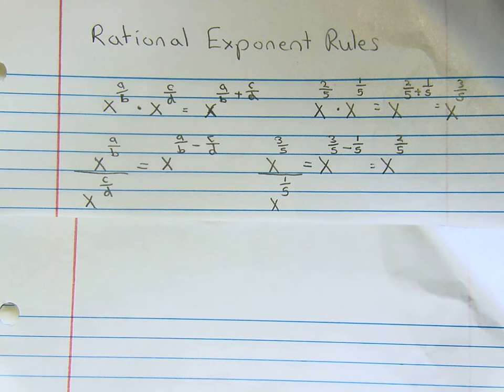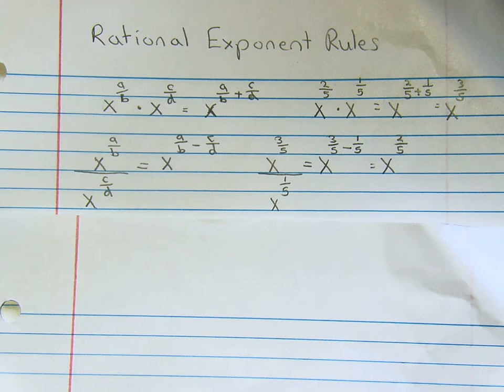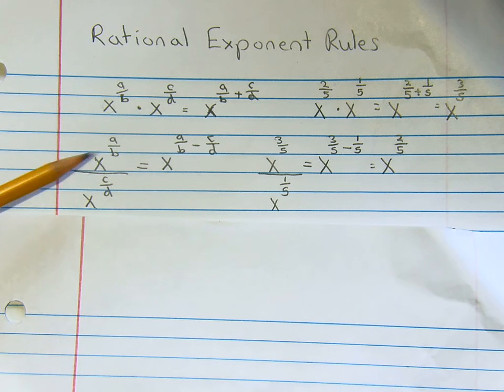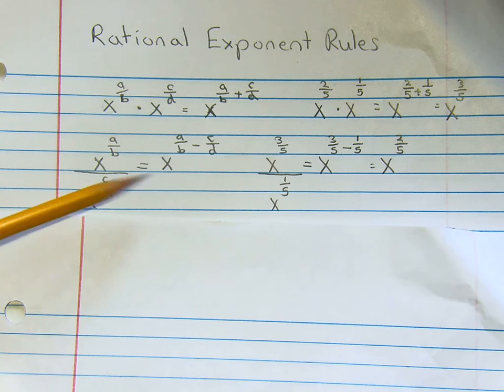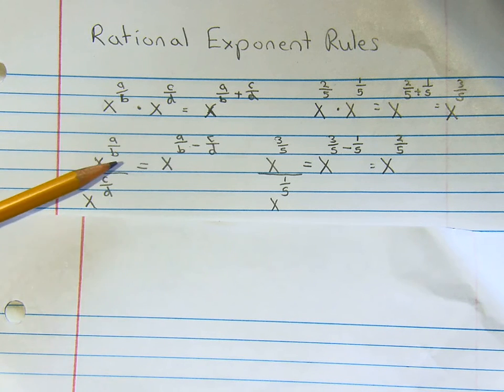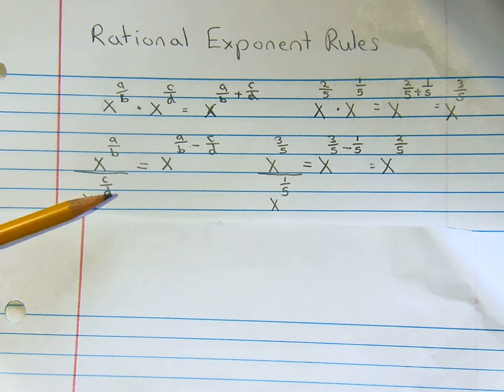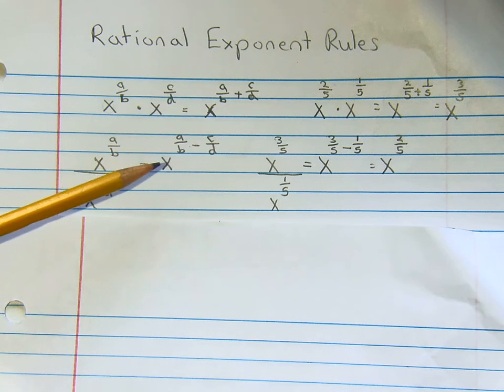Whoa. We got fractions on top of fractions on top of fractions. What are you doing to us? Well, honestly, don't freak out. Because if you remember with our exponent rules, whenever you divide things that have common bases, that just means you subtract their exponents. So I'm just going to take this exponent and this exponent and subtract them. Again, my base is being tagged along, and now I'm merely applying operations with my fractions.